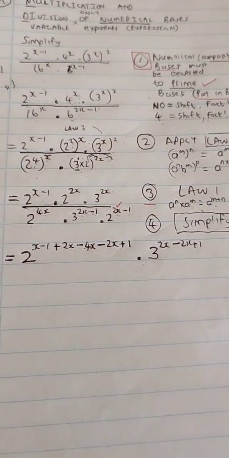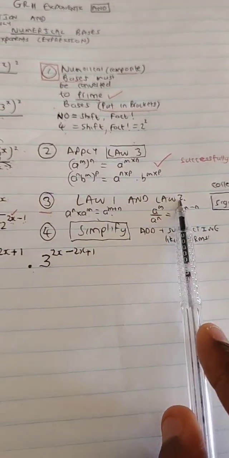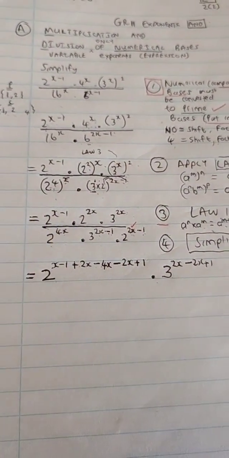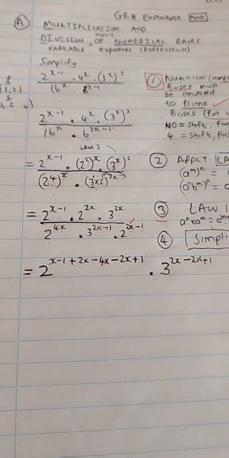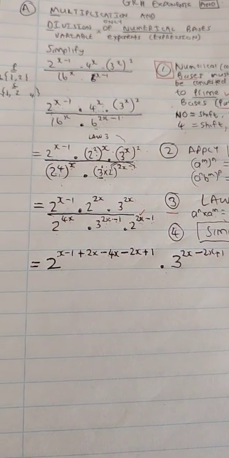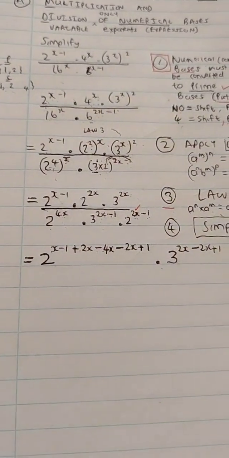You are the master of your own destination, as long as law number 1 and law number 2 are applied fully when it comes down to it. If you want to apply it in steps and in bits, go ahead, right? But if you are capable of applying it all of it together at once, then by all means.